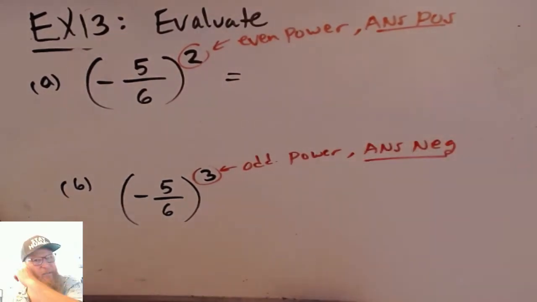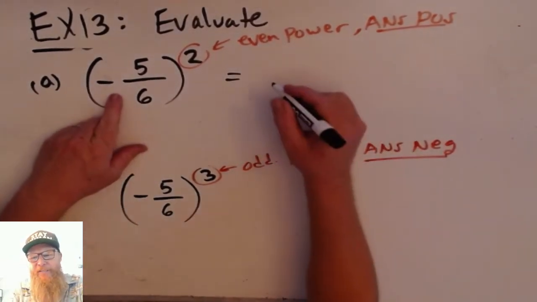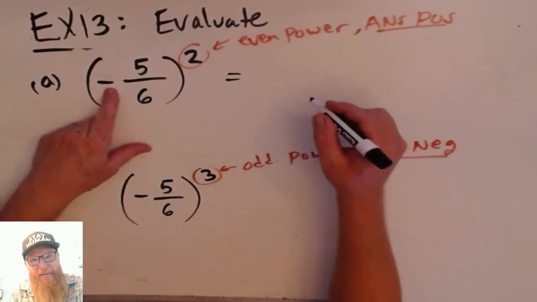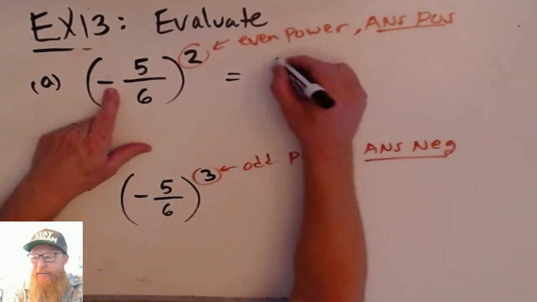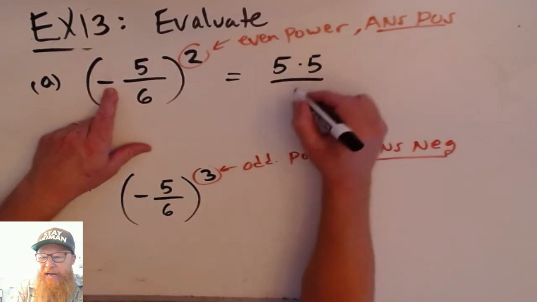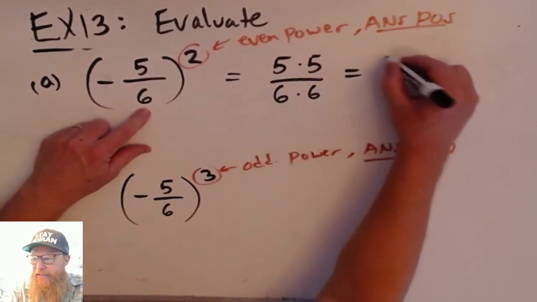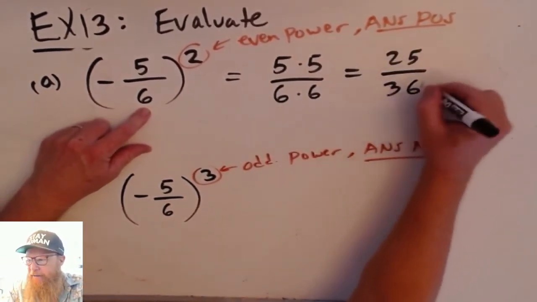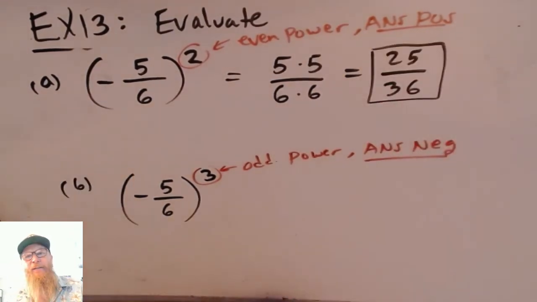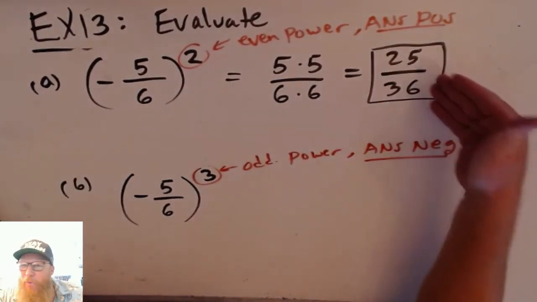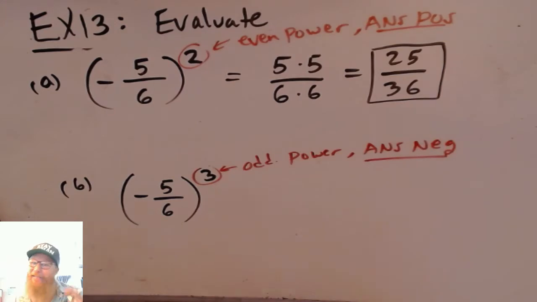It really has to do with the power. So this is going to be a negative times a negative, so the answer is going to be positive. 5 times 5, 6 times 6, so 25/36. And again, don't try to reduce that. It's not ever possible. It's always irreducible.